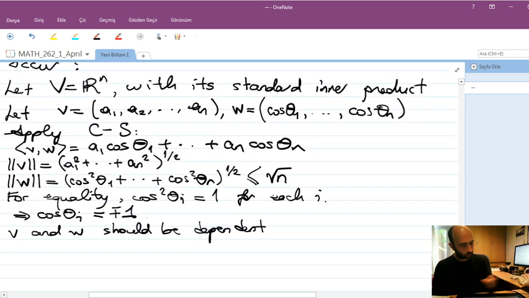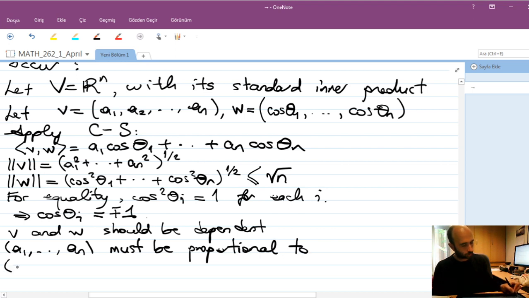So a1 up to an must be proportional to the vector cosine theta 1 up to cosine theta n.